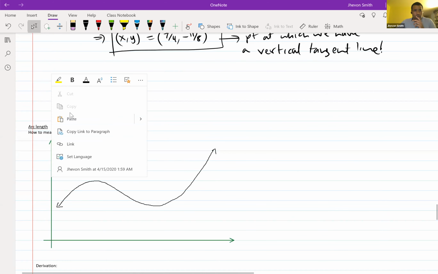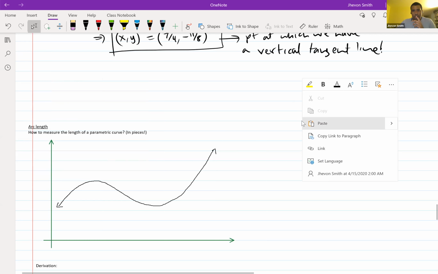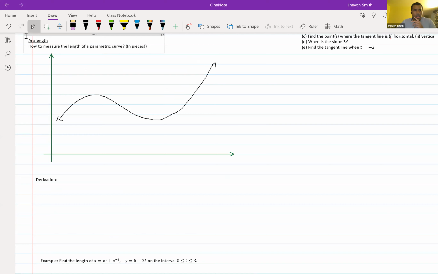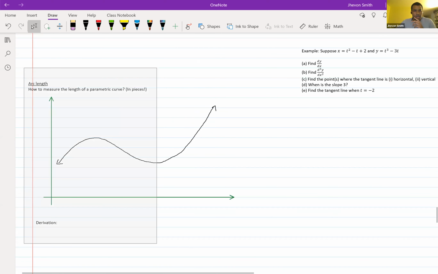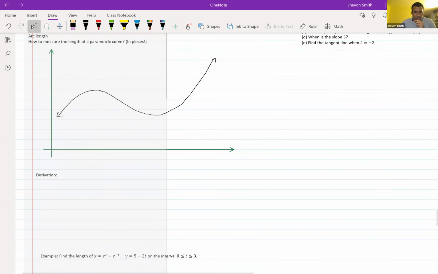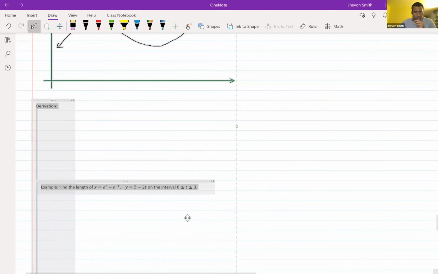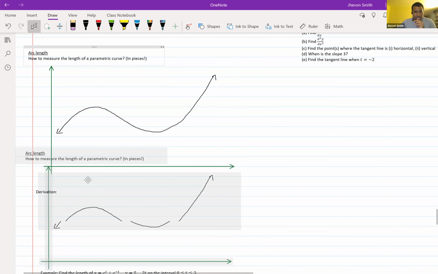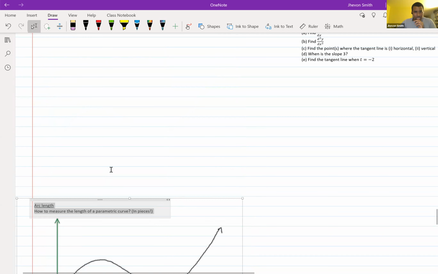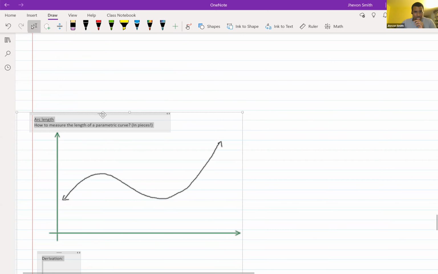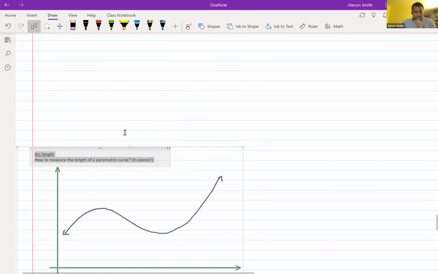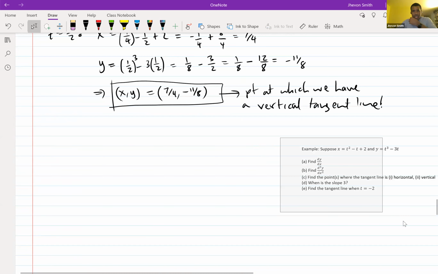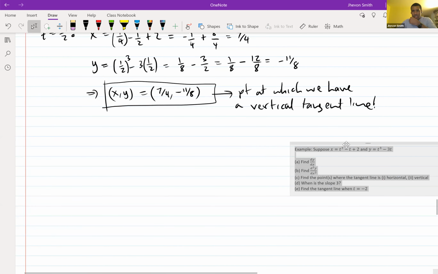Ooh, hold on. Okay, we're running into some conflicts here. I'm going to need more space eventually, but let's actually continue here.